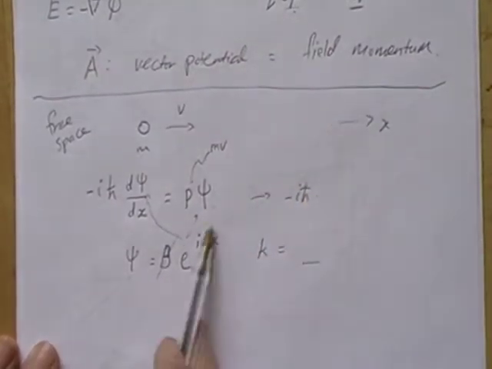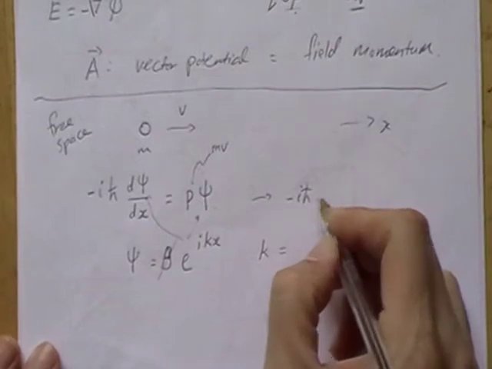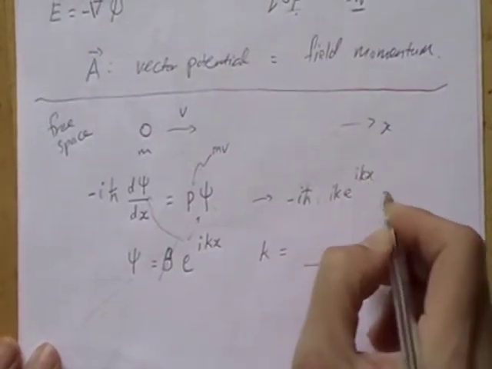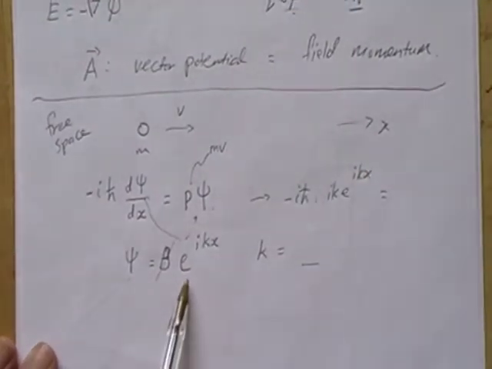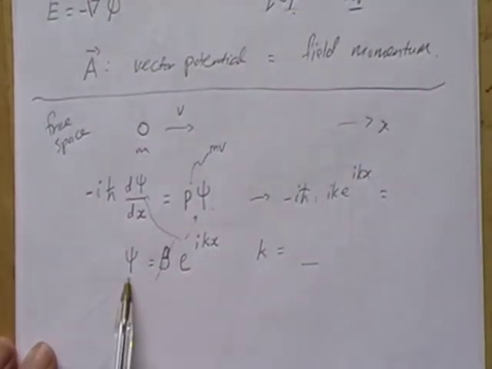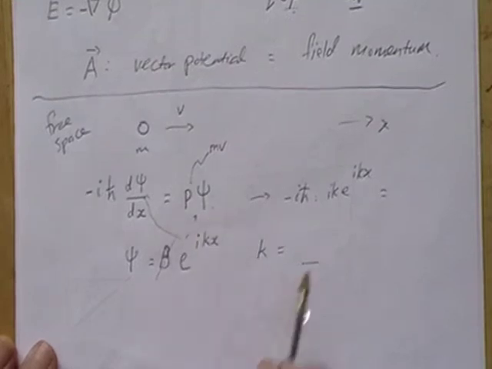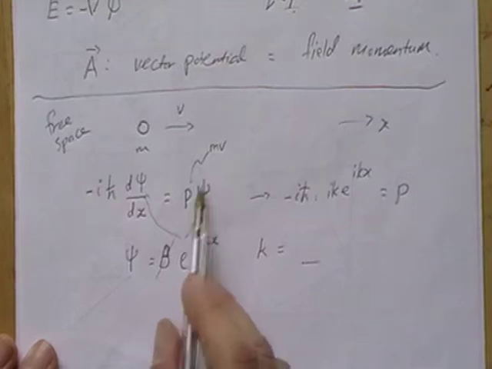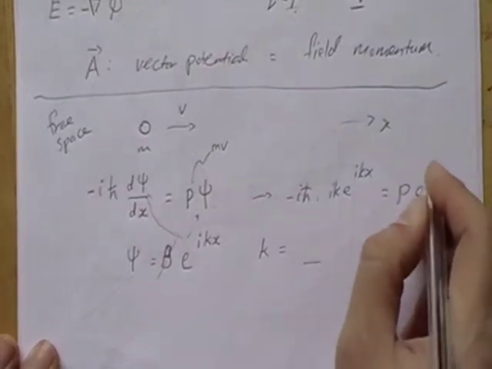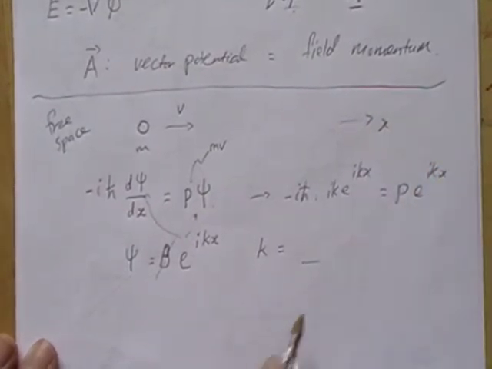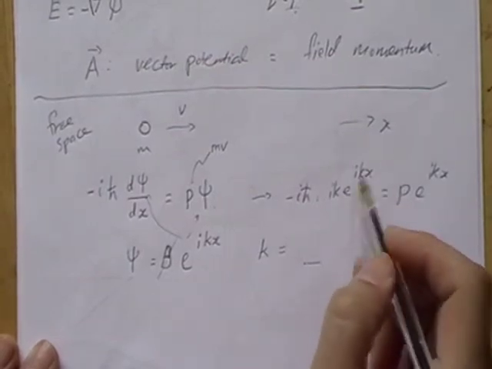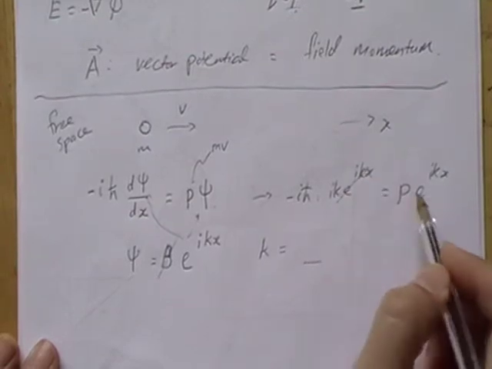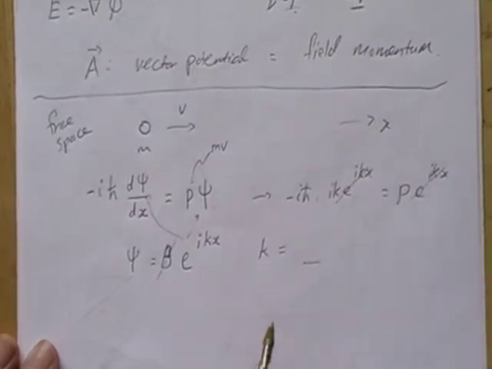When we differentiate this, we get ik e to the ikx is equal to p, and that's just this. If we then make some rearrangement, we can cancel that.